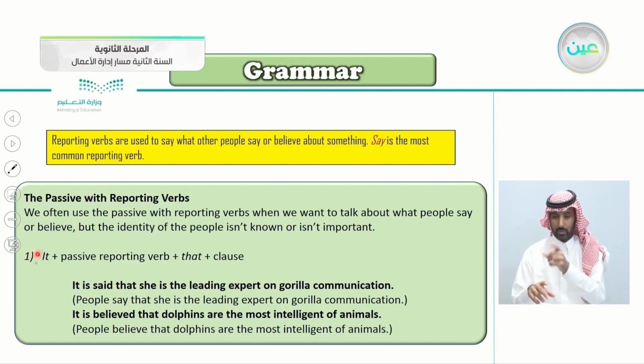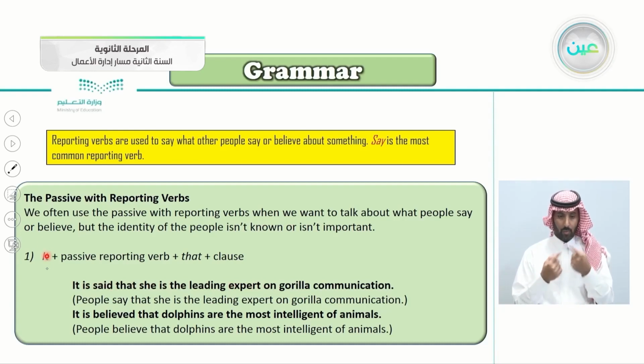This is the first structure: we say it, then the passive reporting verb, for example said or believed, then the word that, then you continue with your clause. For example, it is said that she is the leading expert on guerrilla communication.